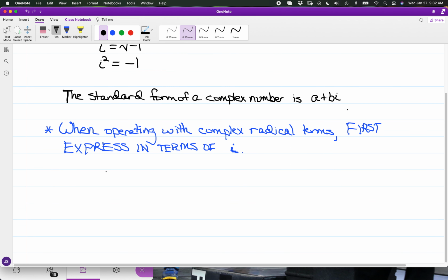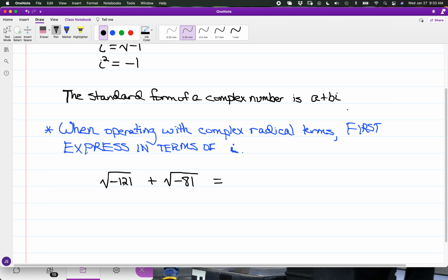If I have, let's say, the square root of -121 plus the square root of -81, I'm looking at the square roots of the opposite signs of numbers that are already perfect squares.